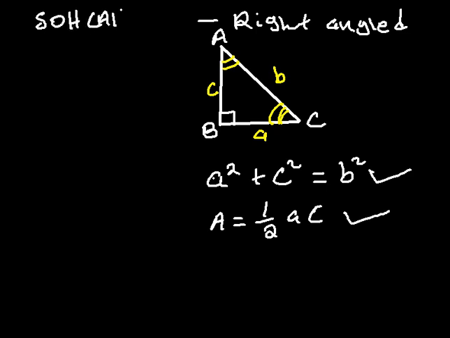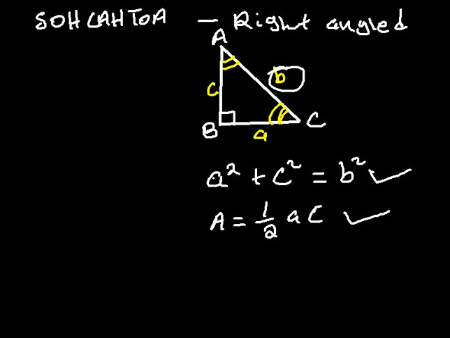We discussed what we call SOHCAHTOA. In this case, let's pay attention to the angle labeled C. How is the angle labeled C related to the sides of the triangle? For angle C, this is its opposite side, and this is its adjacent side.